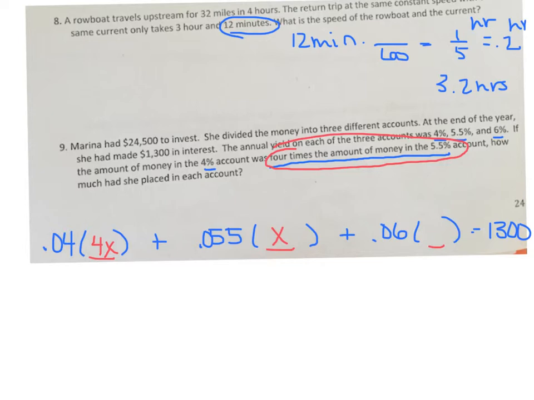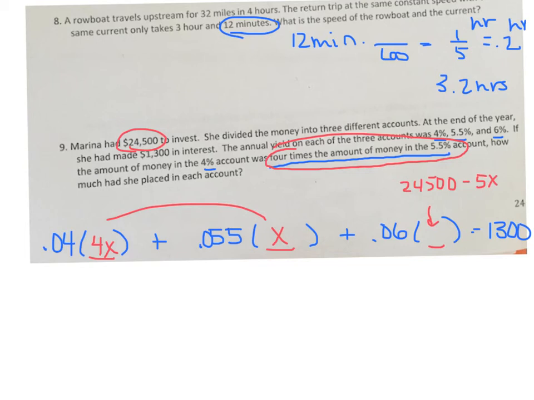What we can do is take those two totals together, 4x and x, and the total 24,500 minus those two amounts will be what she put in the 6% account. So I'm just going to put in here 24,500 minus 5x because I added the 4x and the x together. Whatever's left over will go in the 6% account.